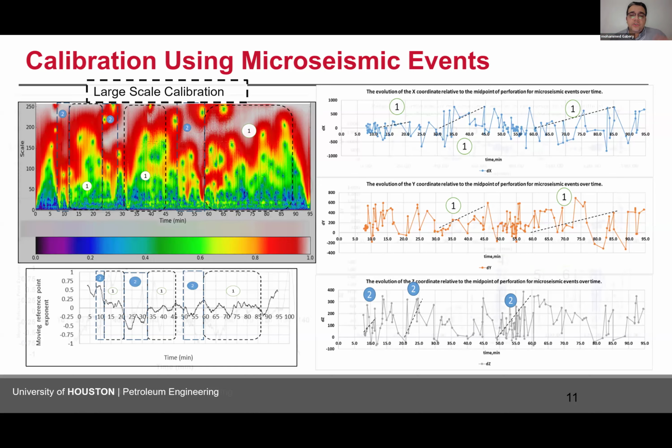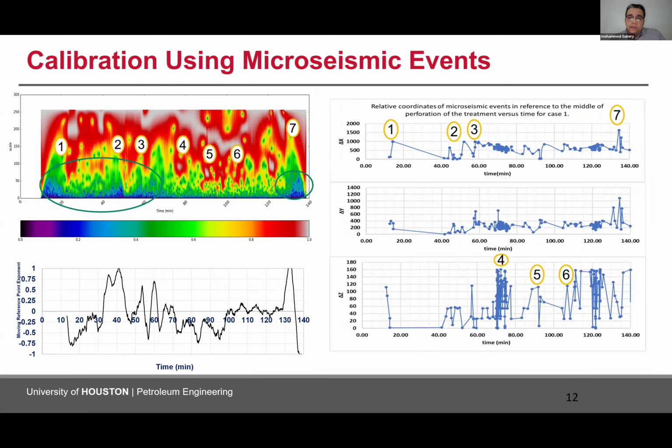And this is the large scale calibration. We applied this calibration on two different frac data sets at two different locations, and it showed agreement, showing the same conclusion based on our interpretation.